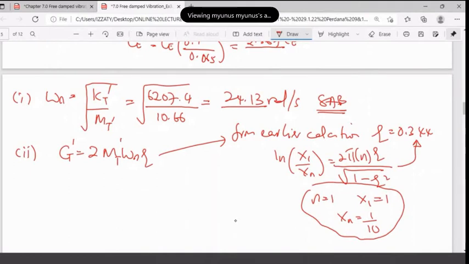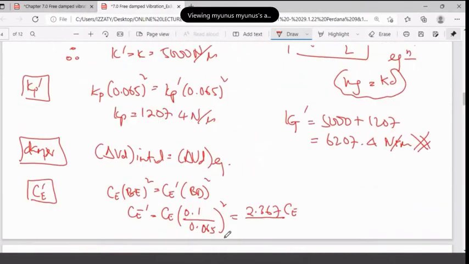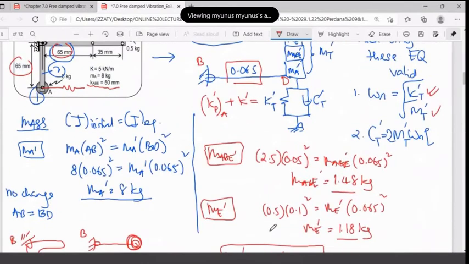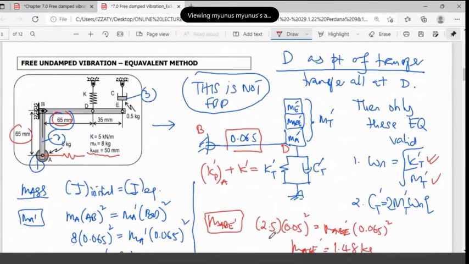So the next thing that you don't have here is basically what will be the Ct here. But remember, when you look at the result of Ct, Ct is basically only Ce prime. So put it here.